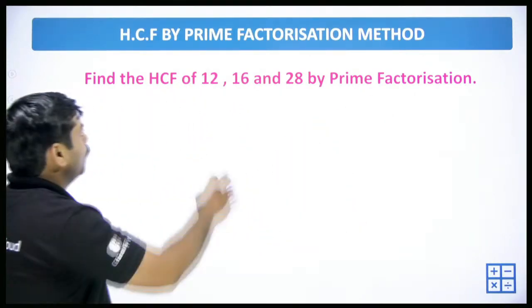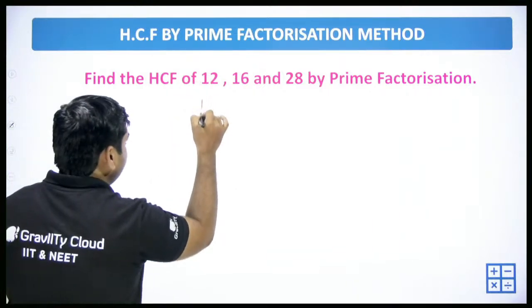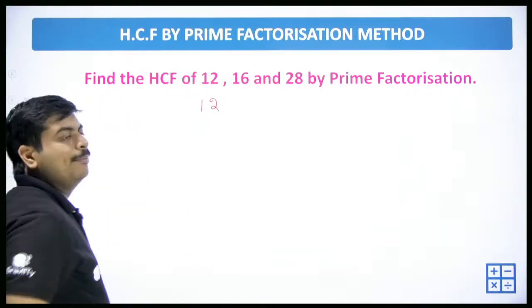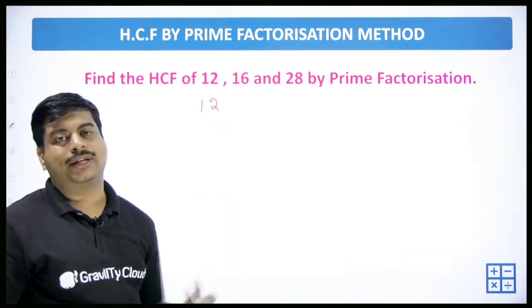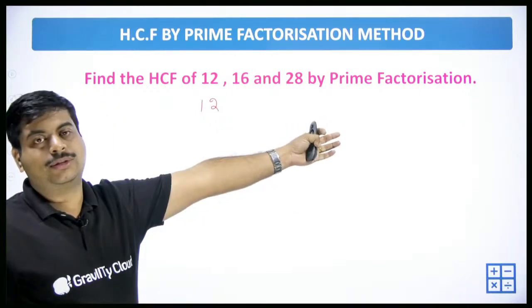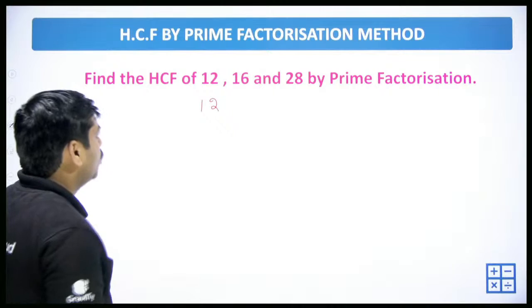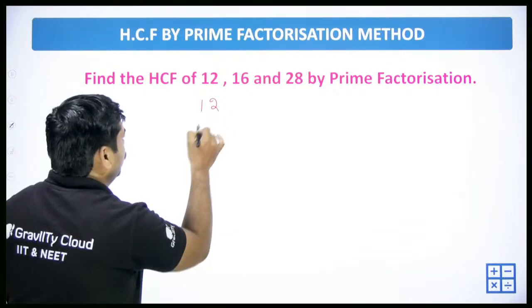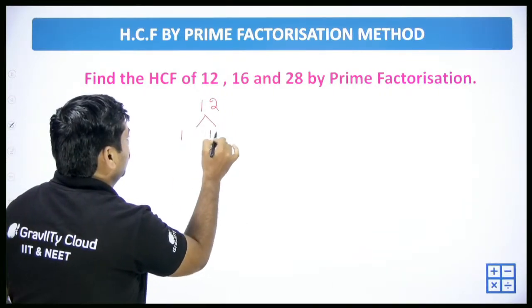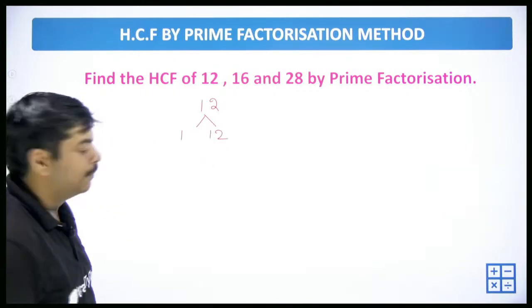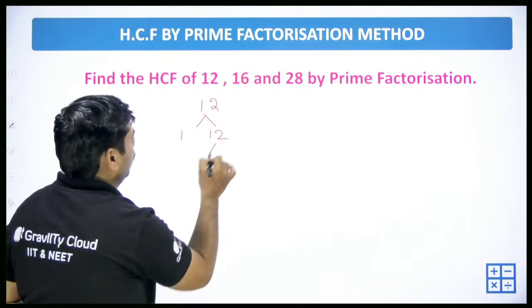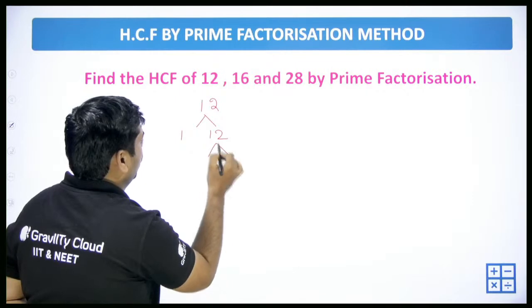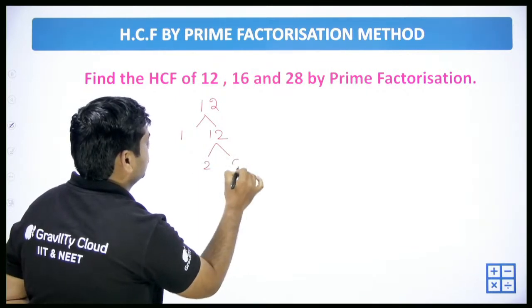So for the number 12, let me write the factor tree, and I'll also tell you the other method. For the number 12, I can write 1 into 12, and the number 12 can be written as 2 into 6.